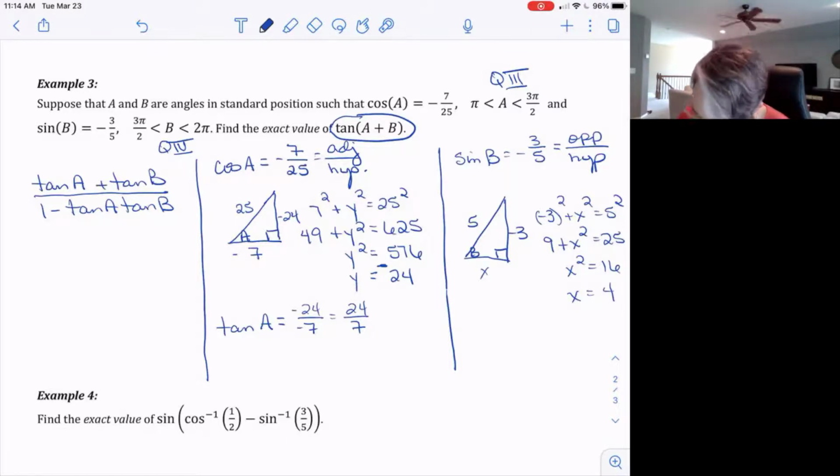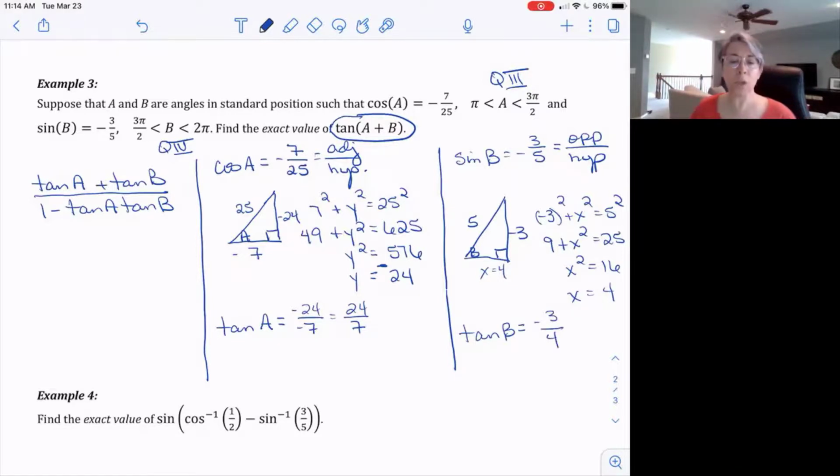In quadrant 4, our cosine value is going to be positive, and our sine value is going to be negative. So that x is going to be a +4. So if we do opposite, -3, over adjacent, 4, we get -3/4.